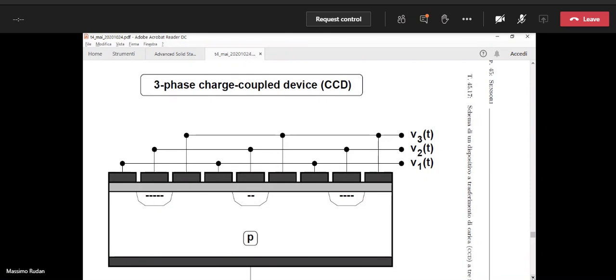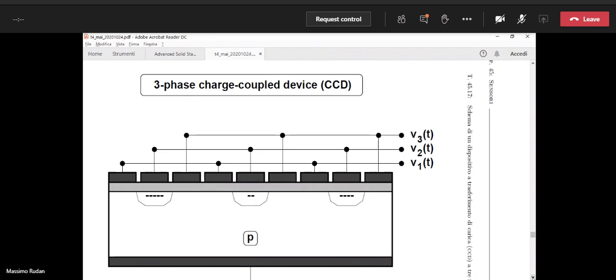Then gate 2, 5, 8 are connected to the same voltage, V2, different from V1. And finally, gates number 3, 6, and 9 are connected to another voltage that we call V3, okay? Different from V1 and V2, and so on and so on.